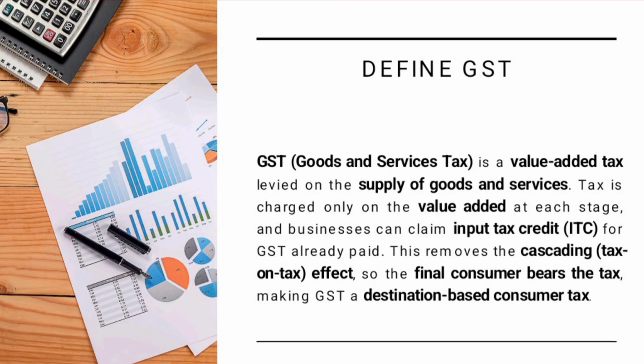Tax is charged only on the value added at each stage, and business can claim input tax credit for GST already paid. This removes the cascading effect, the tax on tax effect, so the final consumer bears the tax, making GST a destination based consumer tax. While seeing the example, you will apprehend the concept very clearly.